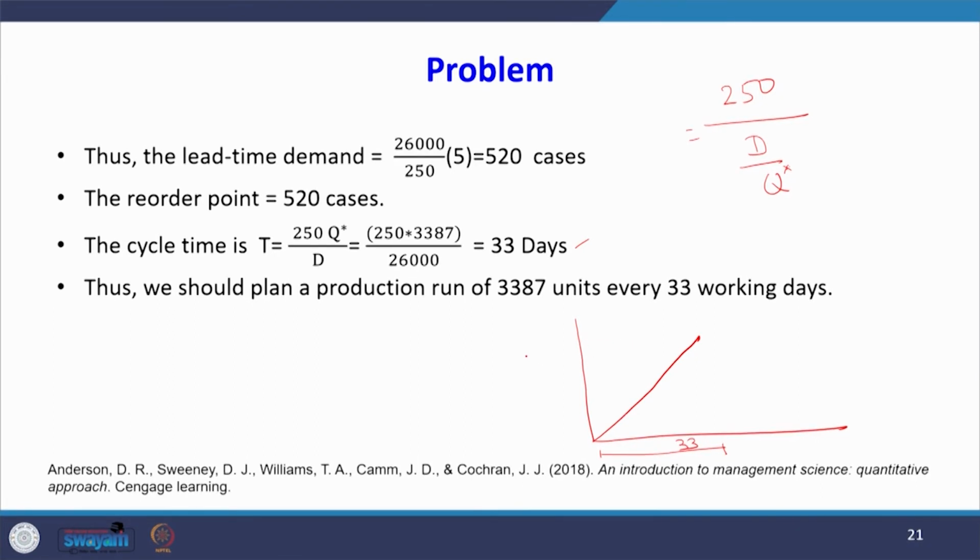The Q value, that is the optimal production quantity, is 3,387. The reorder point is when it reaches 520 units. What is the meaning of reorder point? When it reaches 520 units inventory level, you should get ready for the production.